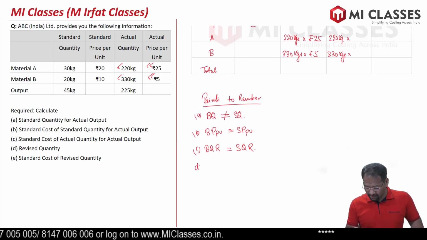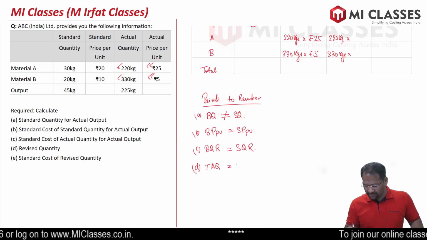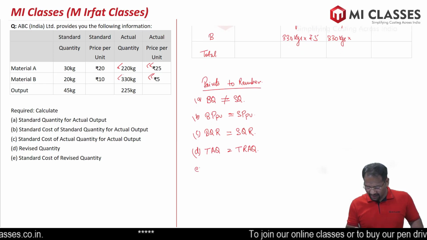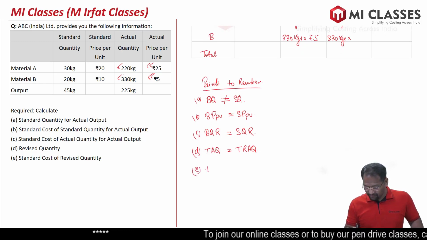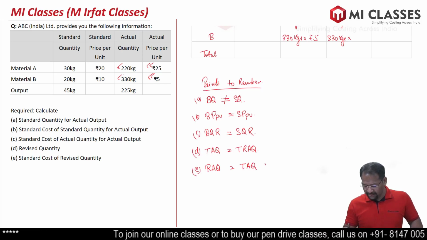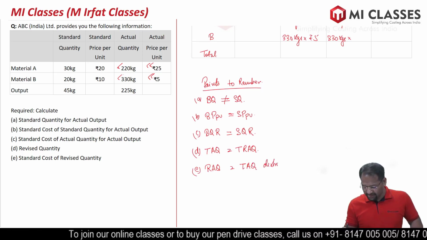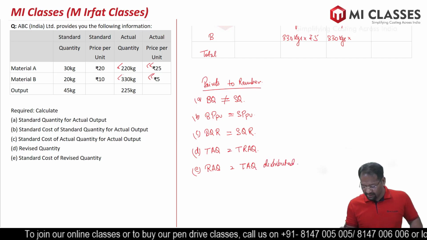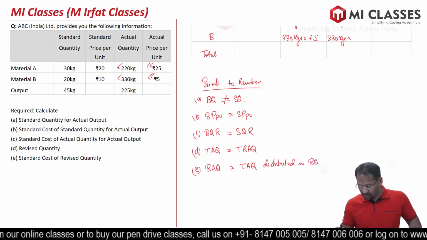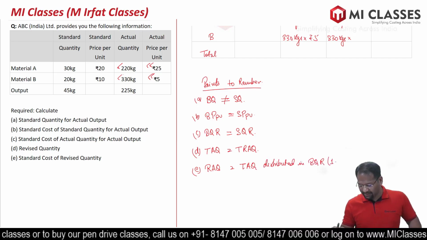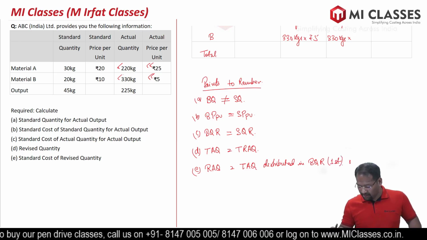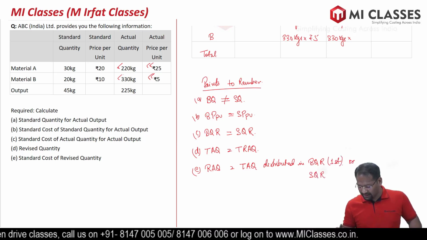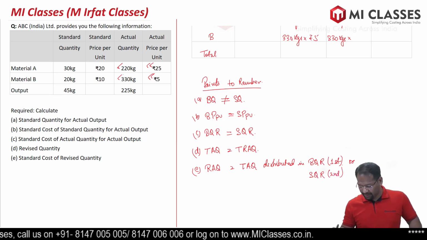Point number 4. Total actual quantity is equal to total revised actual quantity. And point number 5. Revised actual quantity is equal to total actual quantity distributed in which ratio? Distributed in budgeted quantity ratio, this is my first preference, or standard quantity ratio, this is my second preference.